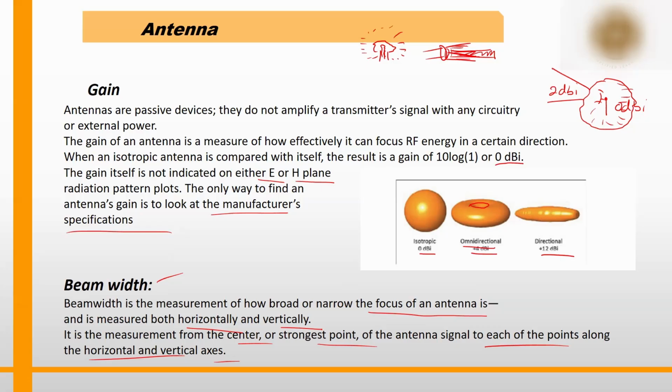If you see flashlights, there is a setting for more focus, less focus. That kind of thing is not possible in outdoor antennas. The user must decide how much focus is desired, and the receiver's signal strength indicator and all those things have to be calculated, and accordingly it has to be kept.